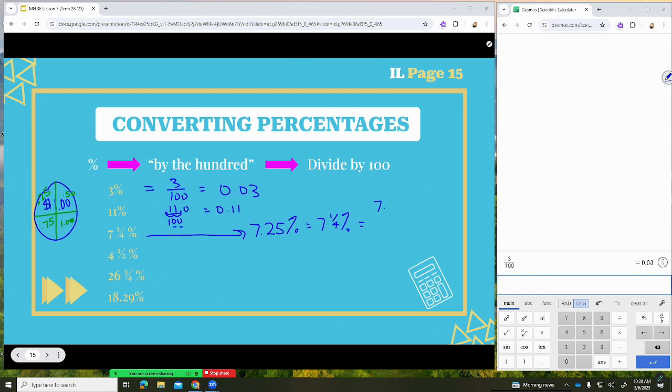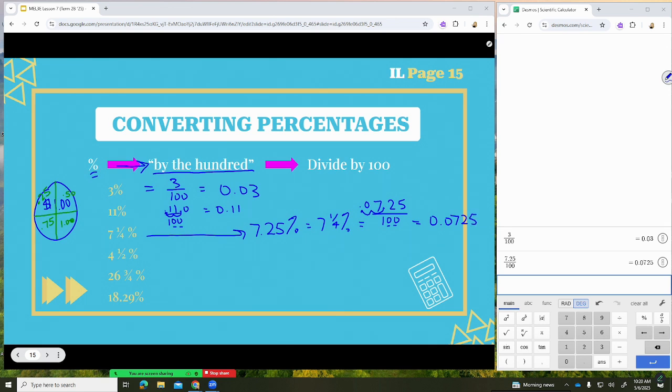Even though it's 7.25, we have to divide by 100 because percent means per 100. So you can type it into your calculator or you can move the decimal place. We have a decimal place at 7.25. We can move 2 spots, giving us 0.0725.